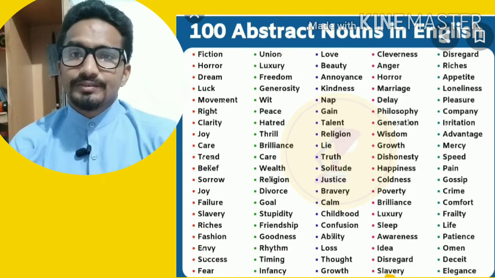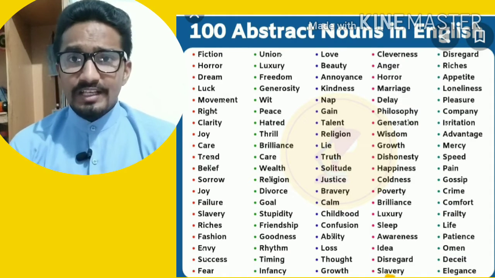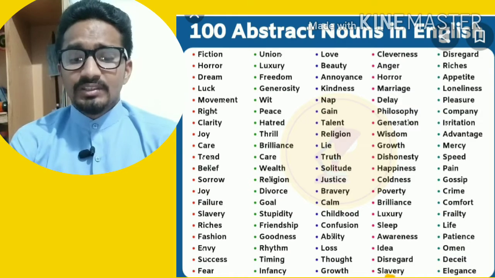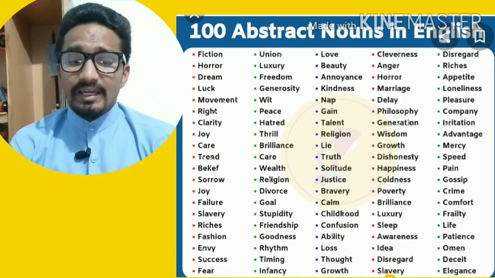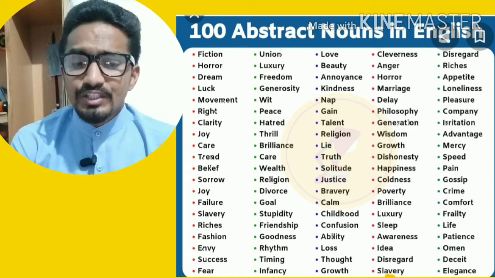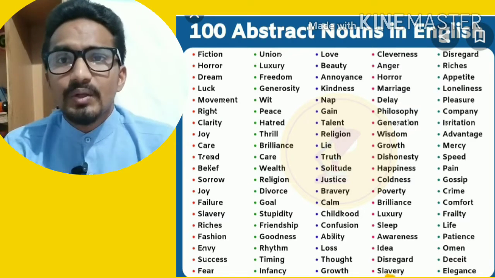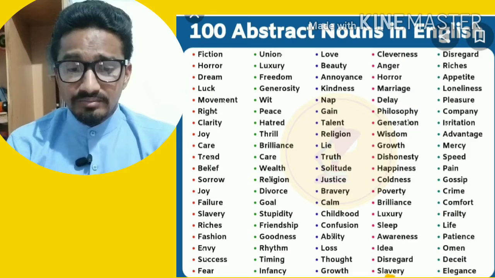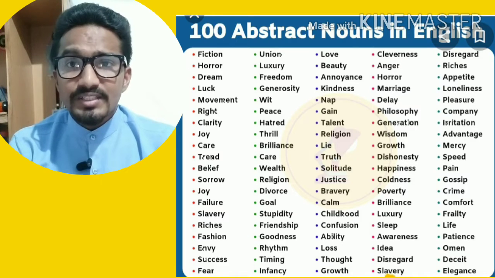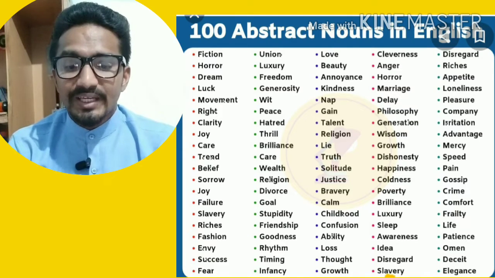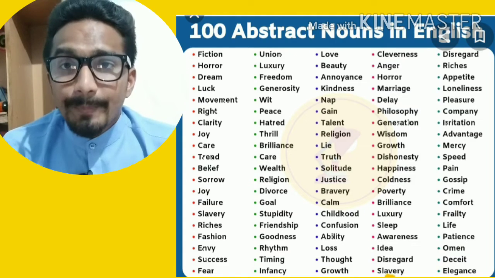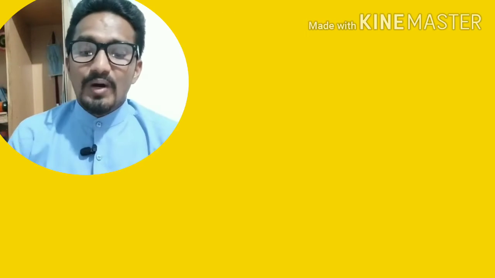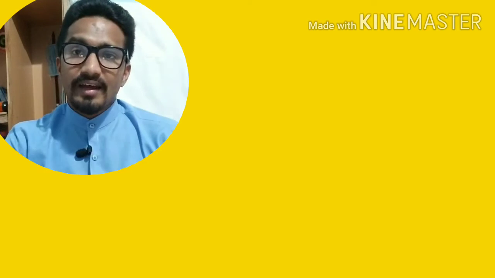Now action, which we cannot see: laughter, theft, movement, judgment, hatred. And state of being: childhood, we cannot see childhood. Then boyhood, we cannot see. That's the idea, the concept that we have. Youth, slavery, etc. They are called abstract nouns of quality, action, and state.